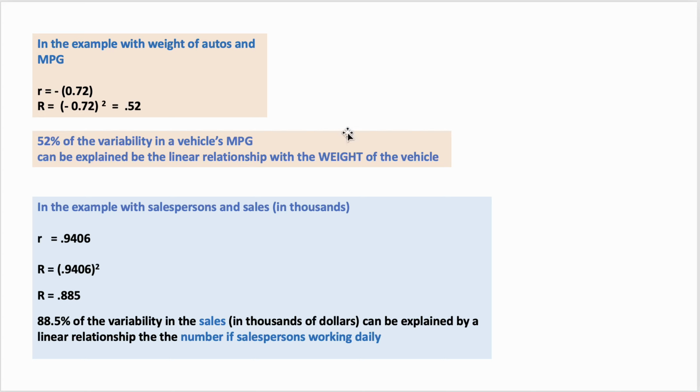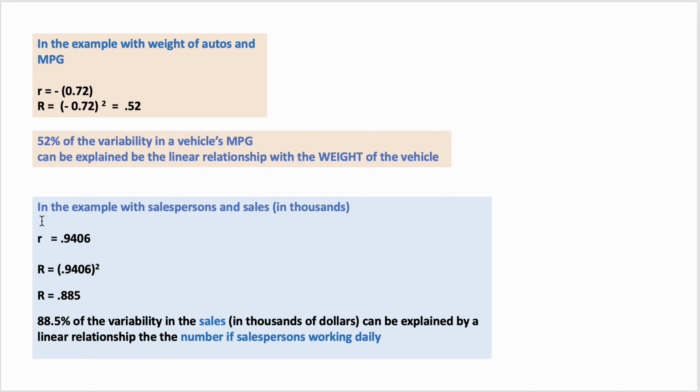Probably things like the make or model of the vehicle, the horsepower of the motor, whether it's driven on smooth pavement or rough pavement. All of those other things account for the other variability in miles per gallon.